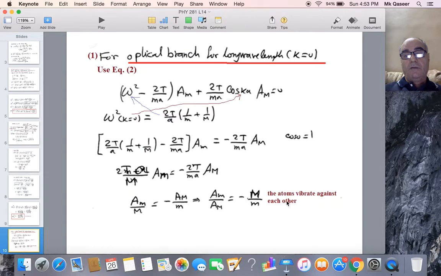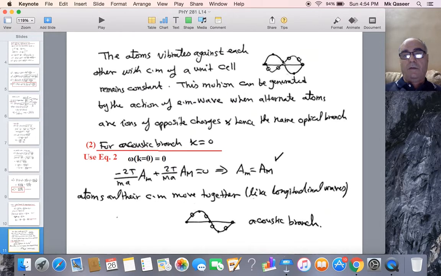That means the atoms vibrate against each other. So you see that the dark atoms and the light atoms are vibrating against each other, with the center of mass of the unit cell remaining constant. This motion can be generated by the action of an electromagnetic wave when alternate atoms are ions of opposite charge, and hence the name optical branch.